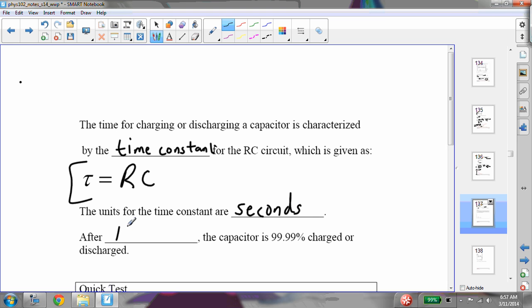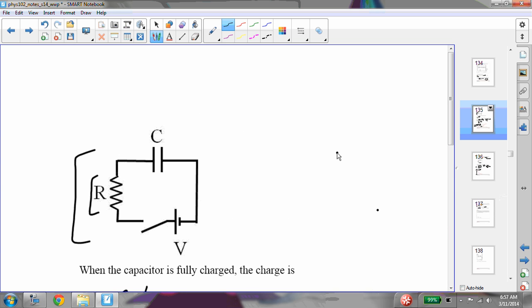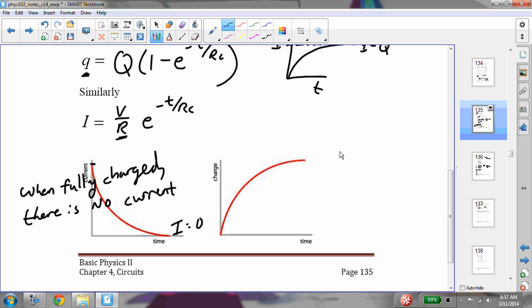And after 10 times tau, we consider the capacitor to be either charged or discharged. So if we go back to this graph, we would consider this basically to be 10 times the time constant. Basically, that capacitor is fully charged at 10 times the time constant.